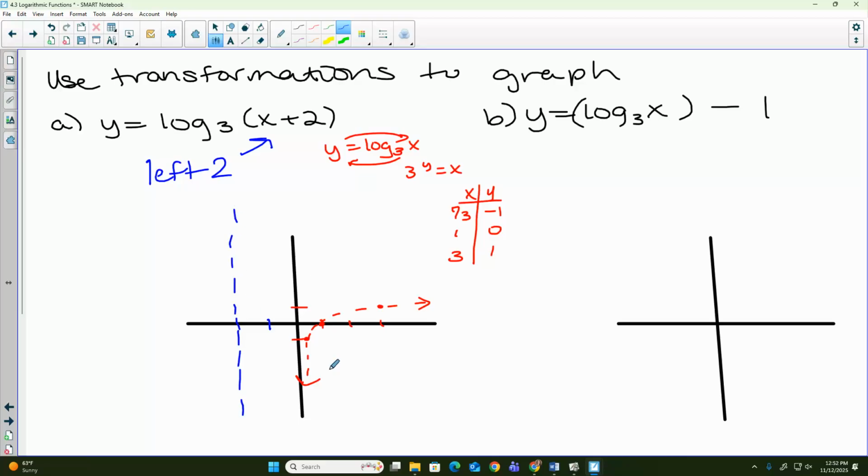Especially if it's not an x or y axis, I need you to draw that line in to show you recognize we can't go past this line. So then I just move each of my points left 2. What's the domain of that? What's my range?